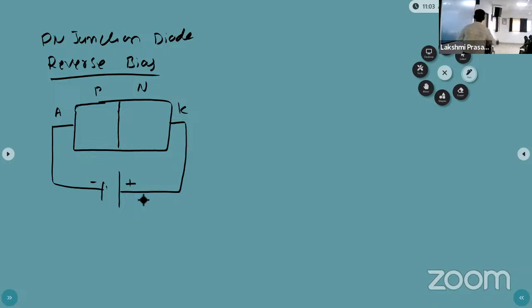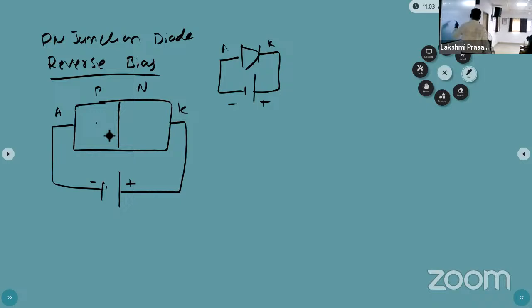So you can change any one using the symbol. Okay, this is the diode reverse bias. Now, in the N-type semiconductor the charge carriers are electrons, and in P-type they are holes.